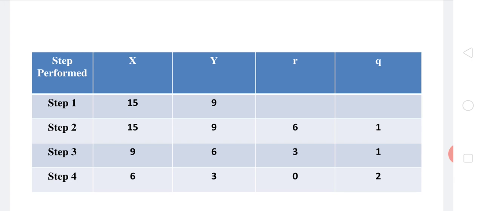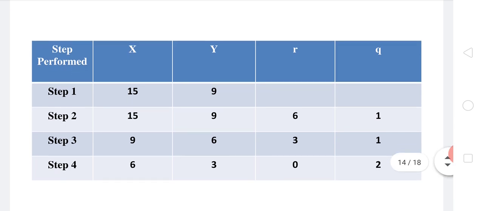Here x divided by y means 9 divided by 6. The remainder is 3 and the quotient is 1. Now again check the remainder. Is the remainder 0? No, now the remainder is 3. So again assign the value of y to x, and the value of r to y.